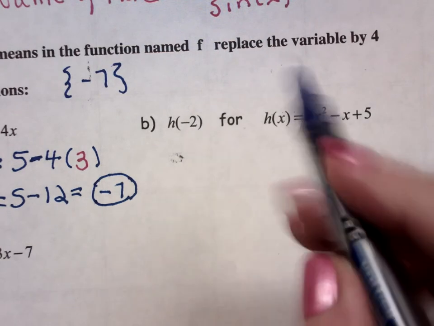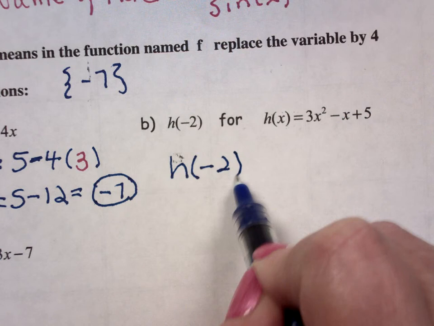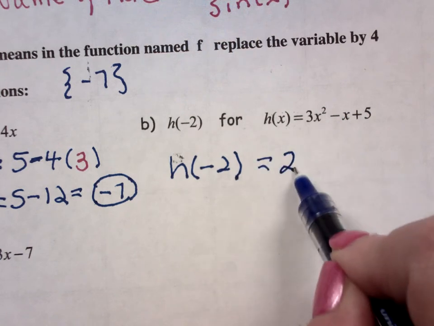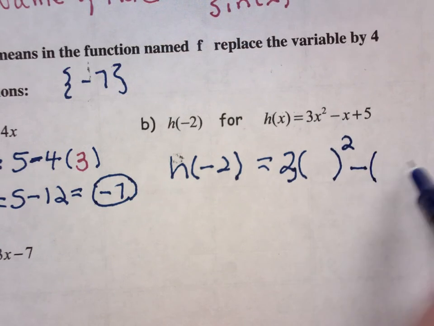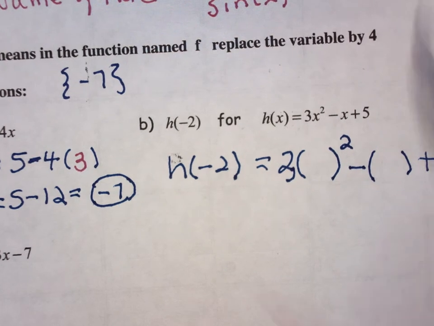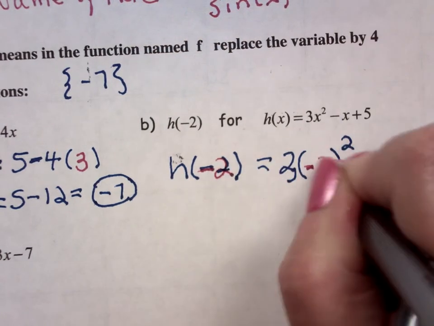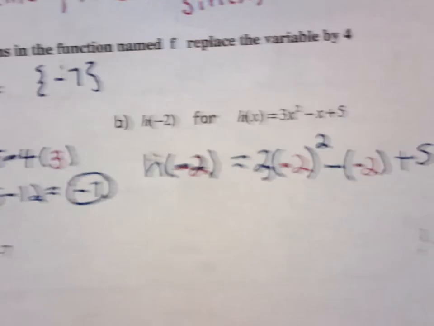Okay, this is h of -2. So on the left-hand side, I'm going to pull x out and replace the x. See, I've got a box where x lives. So that if I put -2 in for x, it's got to go in for x in the other one, all the way across.